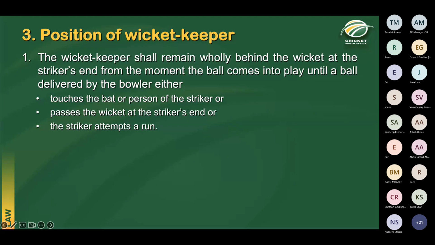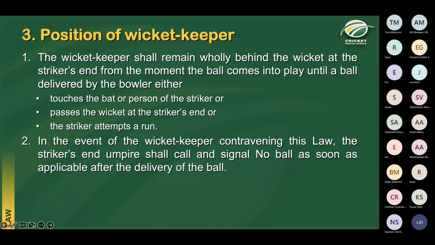It was because the ball came off the pads of Dinesh Karthik. So the law allows that you can move in front of the stumps when the ball touches the bat or person of the striker. So that's what happened there.